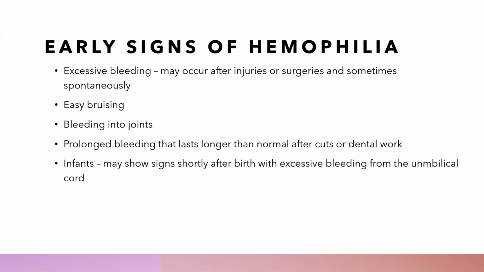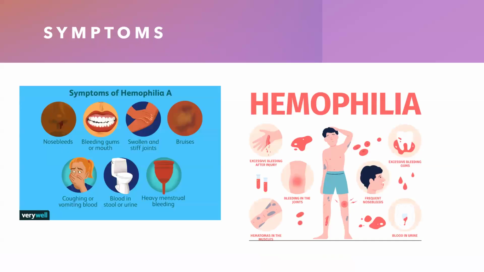Other health conditions and some medications can cause similar symptoms to hemophilia, so we need to be looking at the entire picture. What medications are they on? What have they started? We need to make certain that we assess that. Infants may show signs shortly after birth because they will have excessive bleeding from the umbilical cord, and of course, then they can check that out to see if that's what it is.